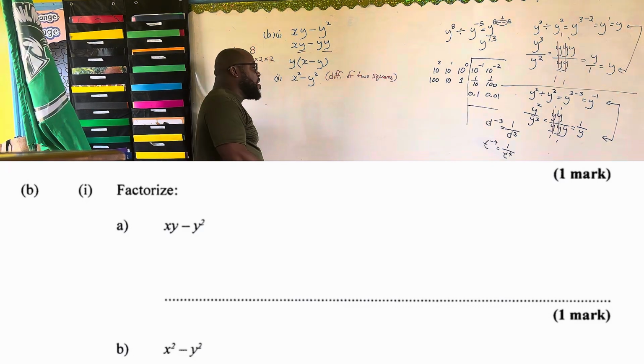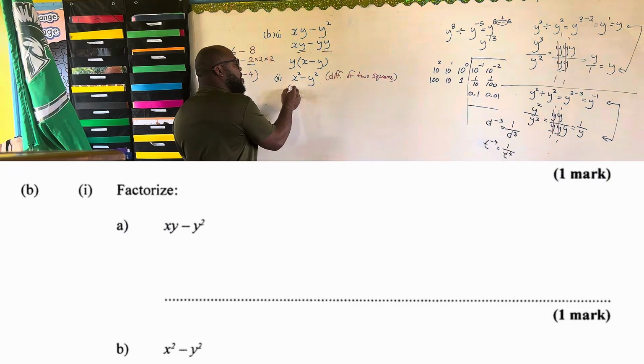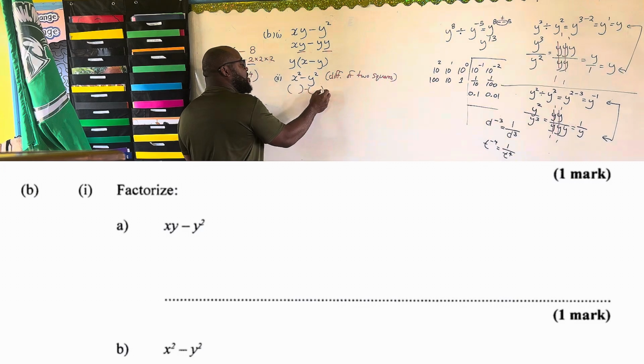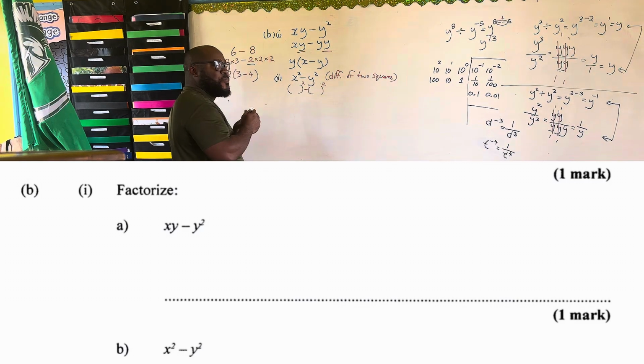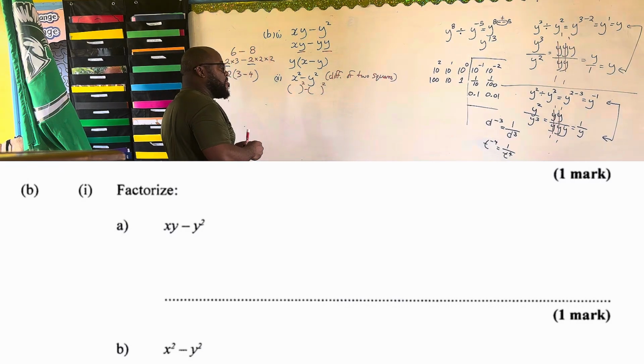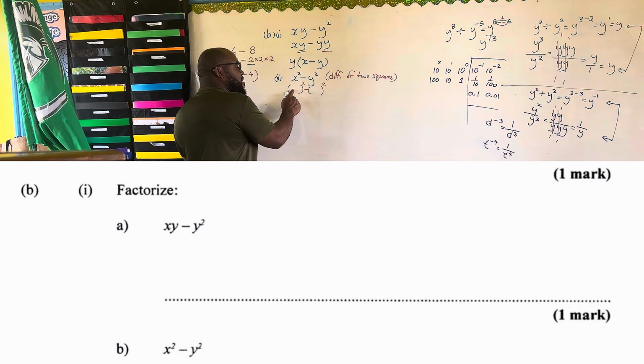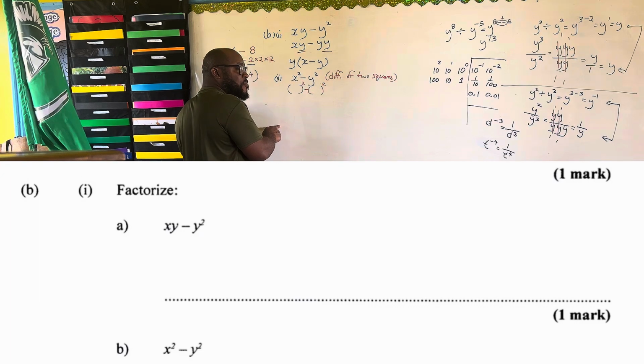Alright, come back here. Guys, difference of 2 squares starts like this. 1 square here, 1 square here. What's happening here? You ask the question: what, when you place it here and you square, gives you x squared? x.